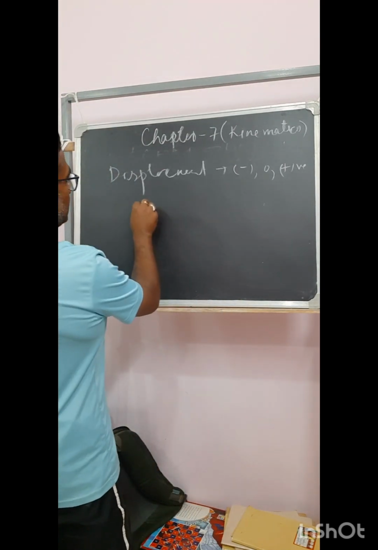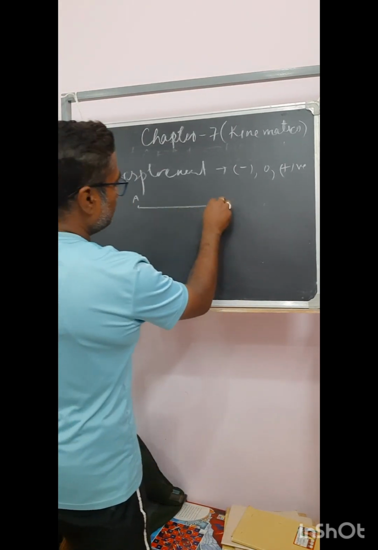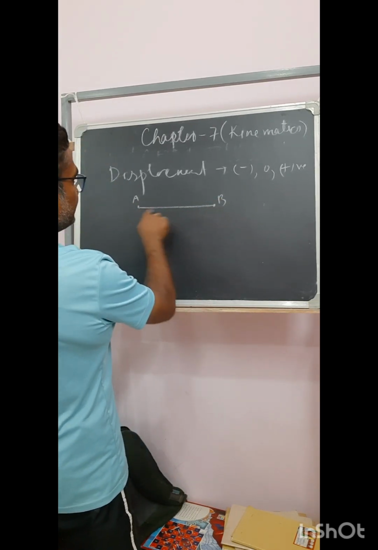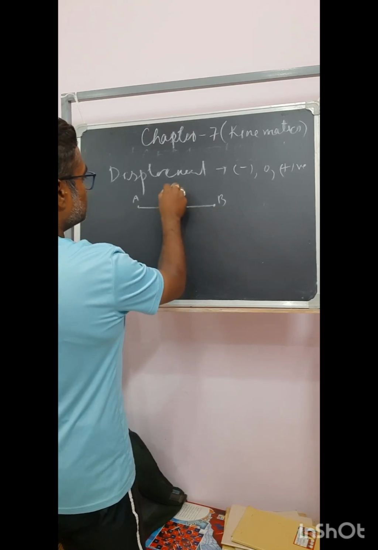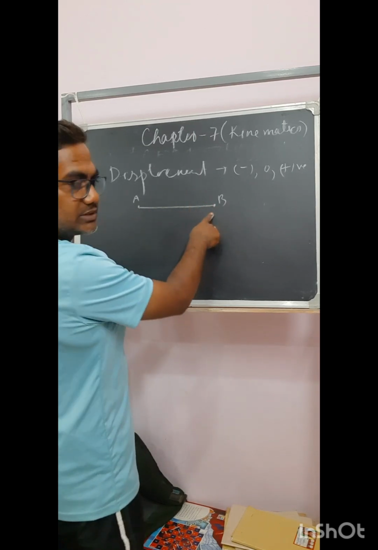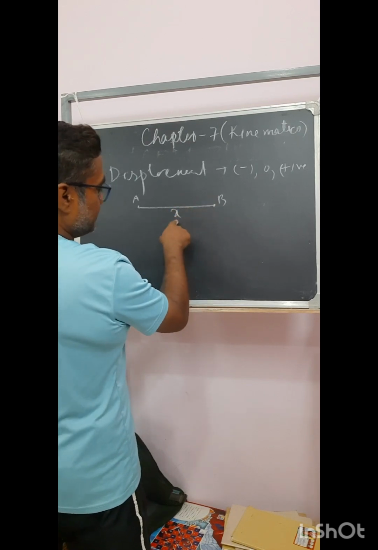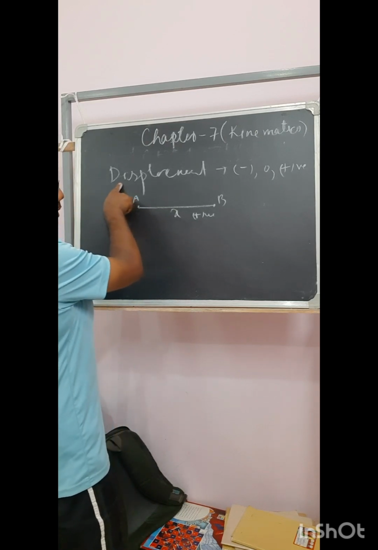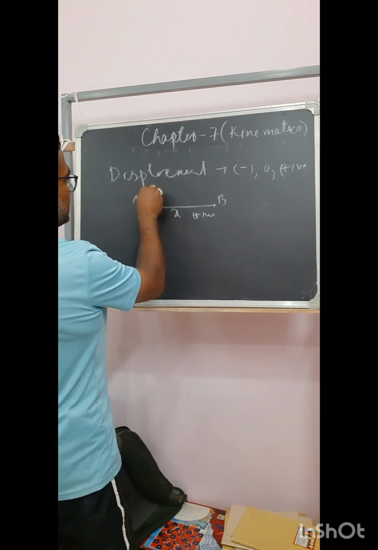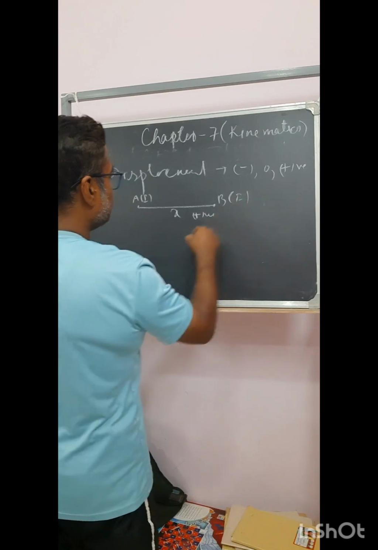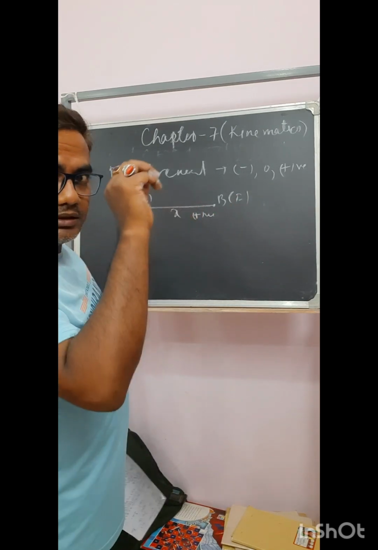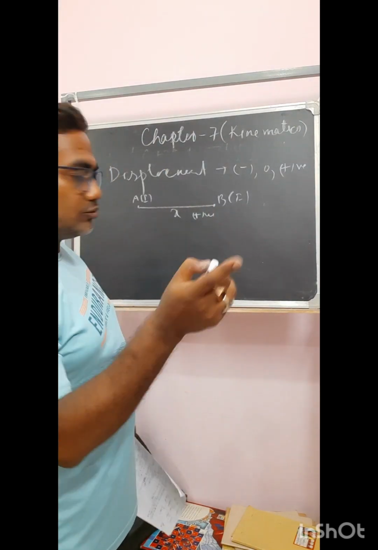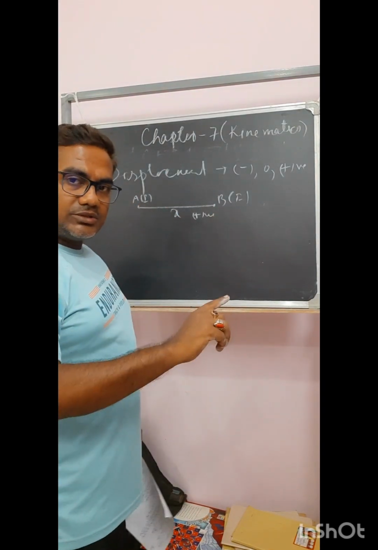Let's say an example: if it is moving from A to some point B, it has a positive displacement, because if it stops its motion there, it has definitely moved some distance, let's say X. So that will also be called a displacement, because this is the initial position and this is the final position. As per the definition, it is the difference between the initial and final positions. So we always refer to the initial position and the final position.